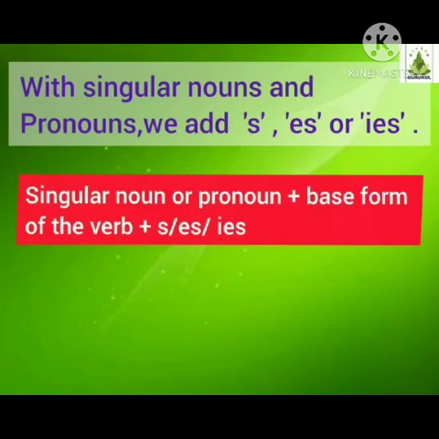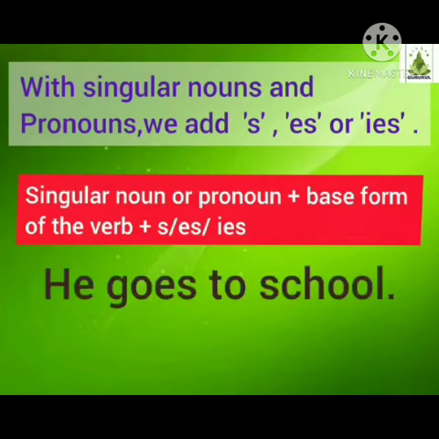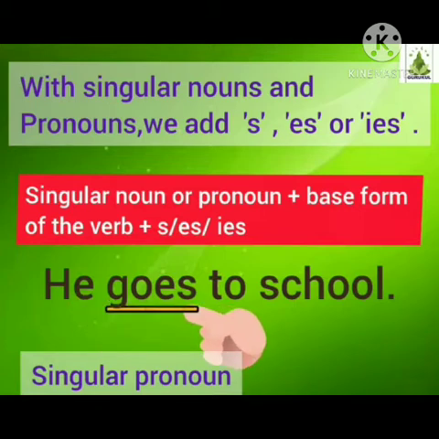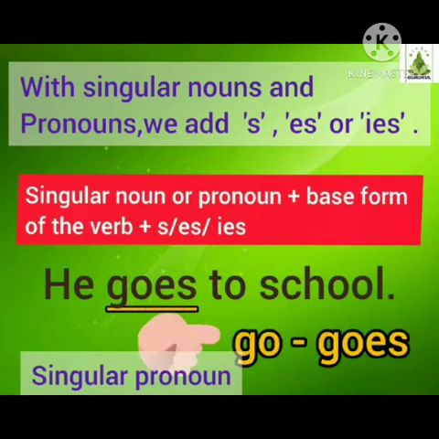Structure: singular noun or pronoun plus base form of the verb plus s, es or ies. For example, he goes to school. In this sentence, he is a singular pronoun. We have added es to the base form of the verb, that is go, goes.